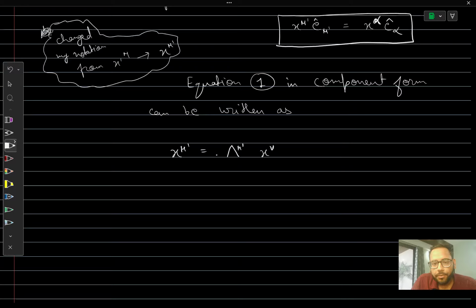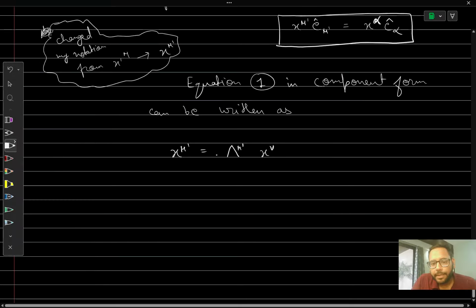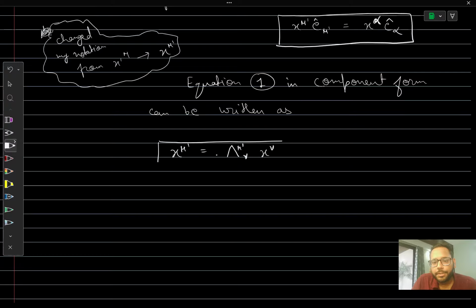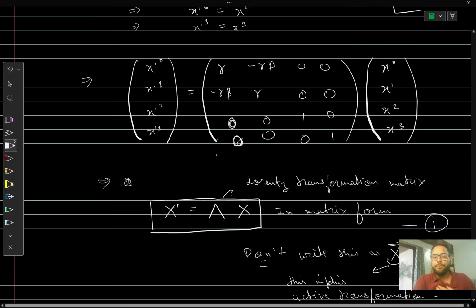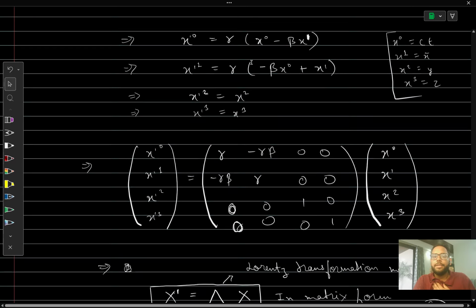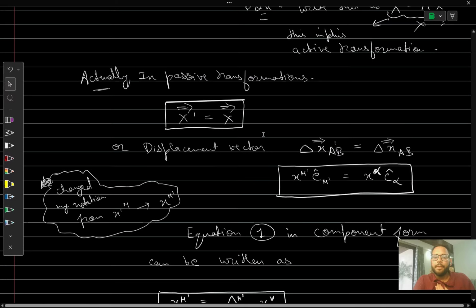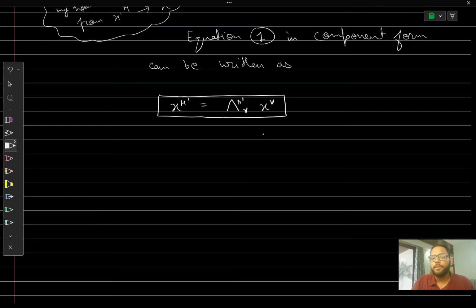There is one free index here, so there should also be one free index on the other side. The remaining ones should be dummy indices. This is how I write the components, and I write these transformations in a component form like this.